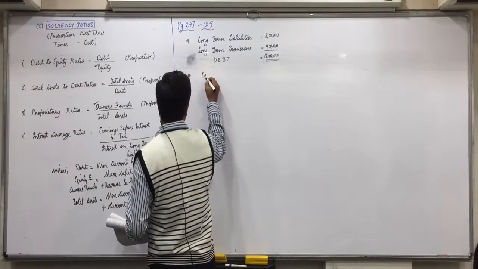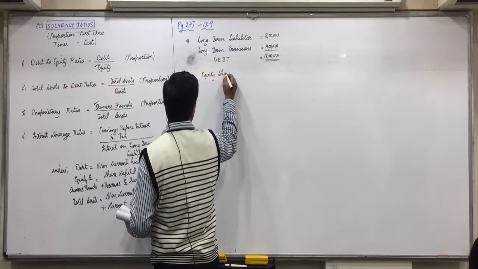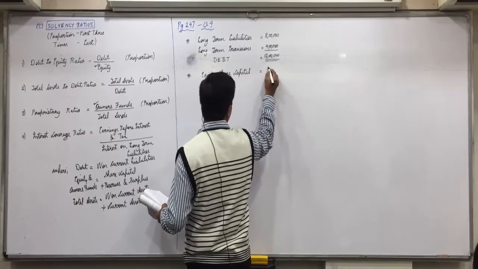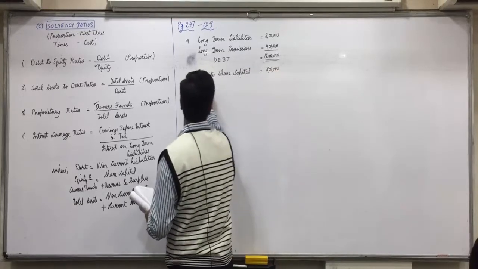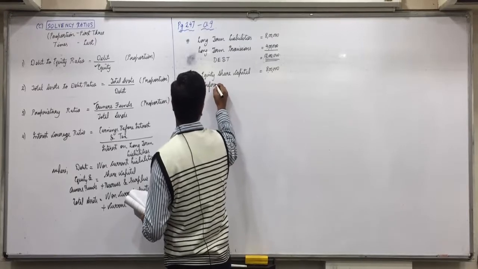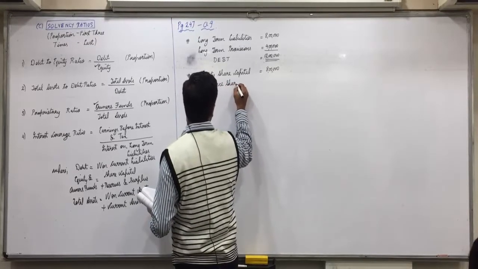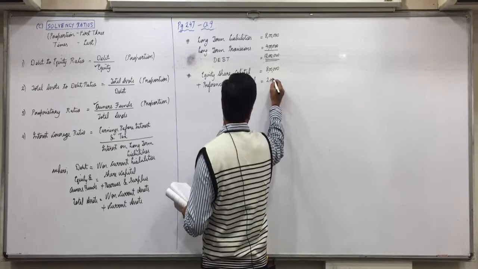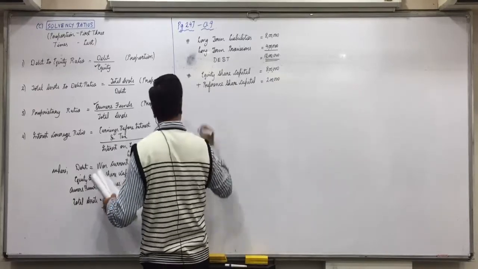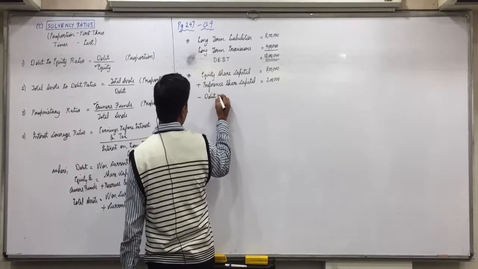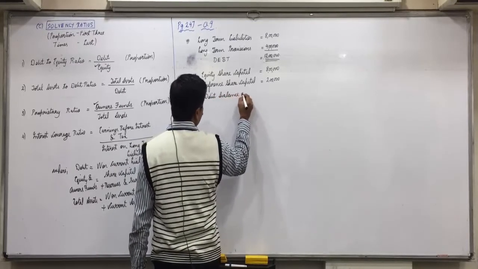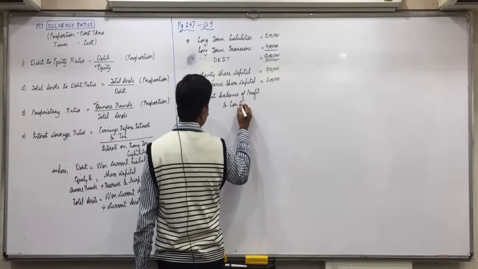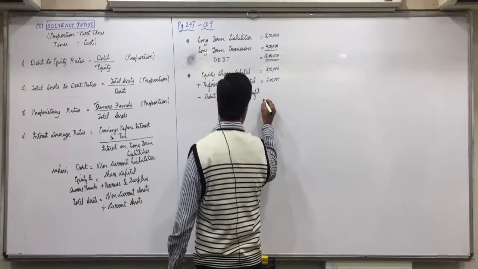So share capital means equity share capital 8 lakhs plus preference share capital 2 lakhs, and since there is debit balance of profit and loss account, we have to minus debit balance of profit and loss account 50,000.